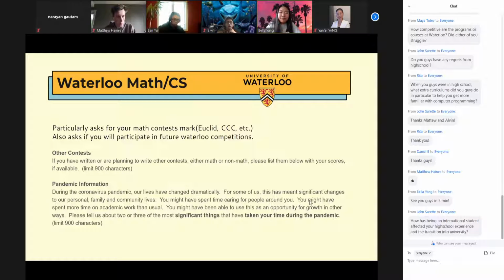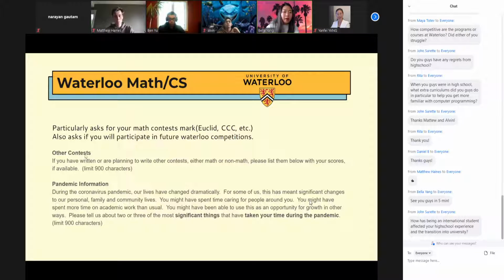So it asks you about your contest marks. They mostly wanted to know your Waterloo competition marks, so Euclid, Canadian Computing Competition, etc. And they will ask if you will participate in future Waterloo competitions. So whether Euclid, CCC, or any other competition, you're being asked to say yes or no if you want to do those competitions.